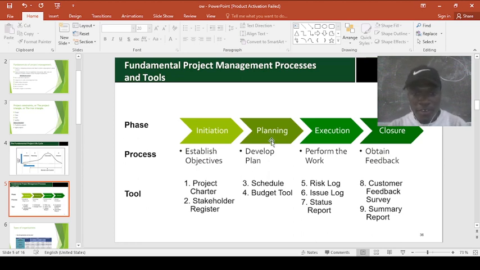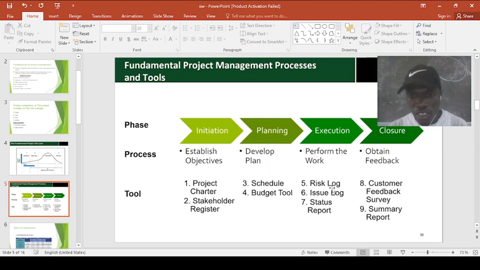Then in the planning phase, this is where we develop a work plan by scheduling the individual tasks and the time within which they should be accomplished. Then the budget, that is the overall cost of the project. Then in execution, this is where we perform the work on the plans developed.